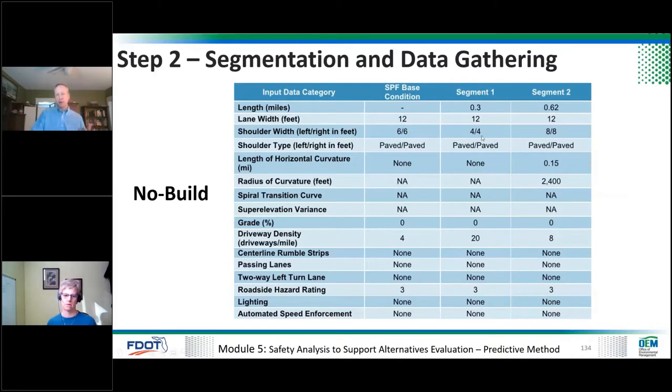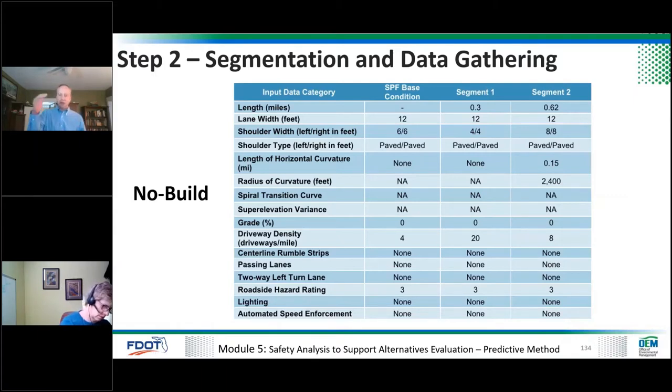So for this base model, this 2-lane model, we need to know the lane width and the shoulder width, and we need to know about horizontal curvature and important characteristics that will allow us to get a good prediction for the no build condition roadway.